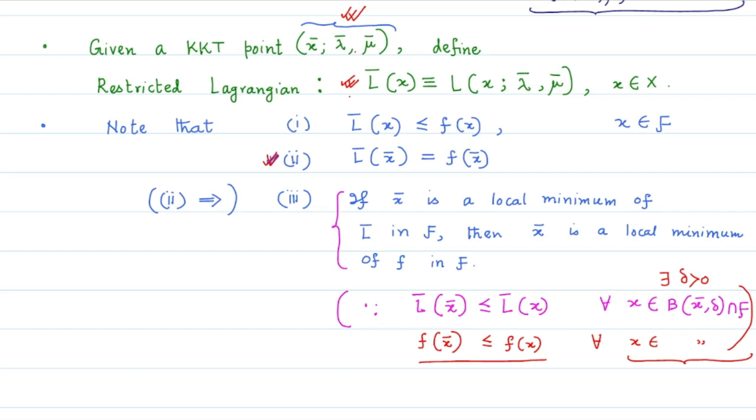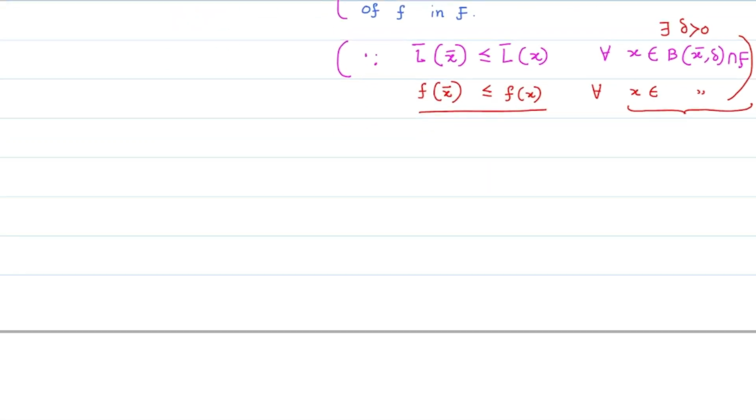So a second order sufficient optimality condition for a constrained optimization problem is given by the second order sufficient optimality condition for an unconstrained optimization problem with the objective function as the restricted Lagrangian function. So next we neatly write here the second order necessary and sufficient optimality condition for a constrained optimization problem with the help of the restricted Lagrangian function.